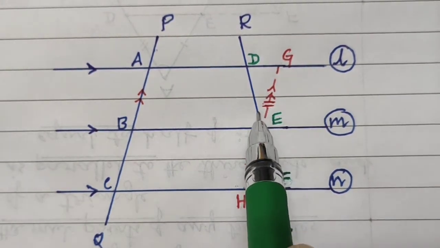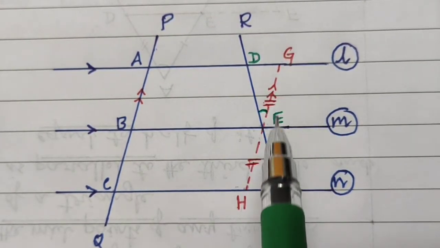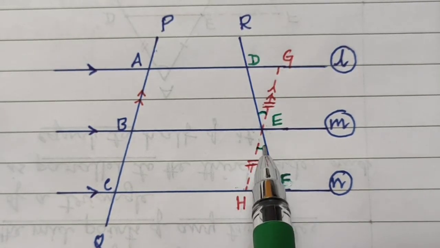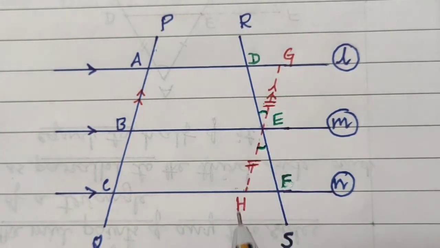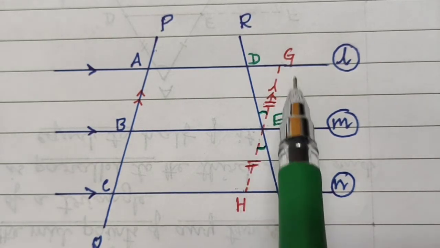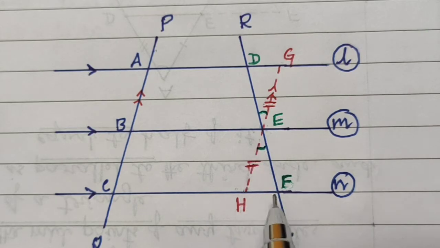Angle GED is equal to angle HEF, vertically opposite angles.